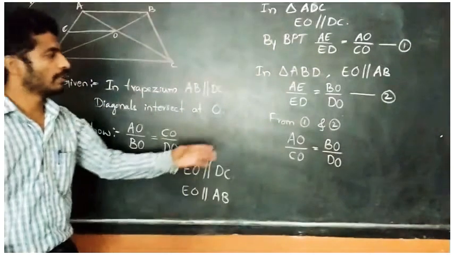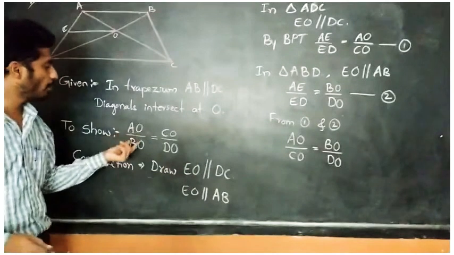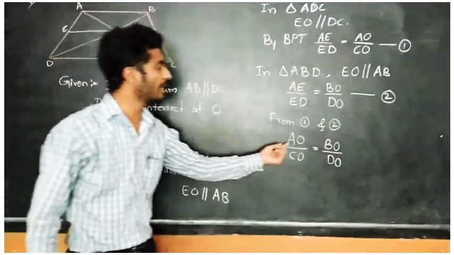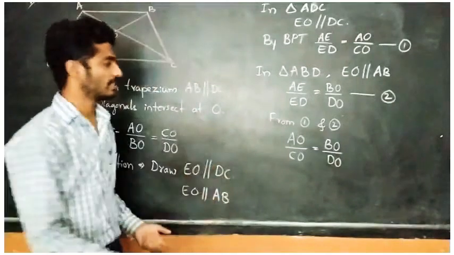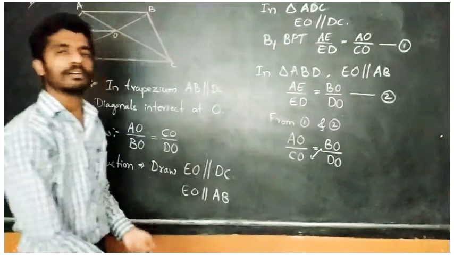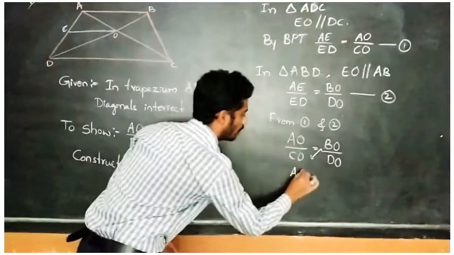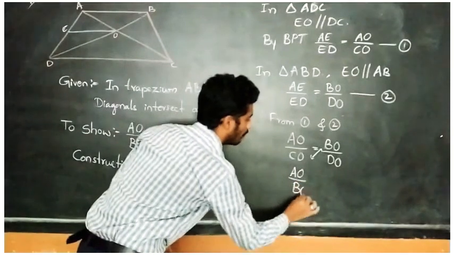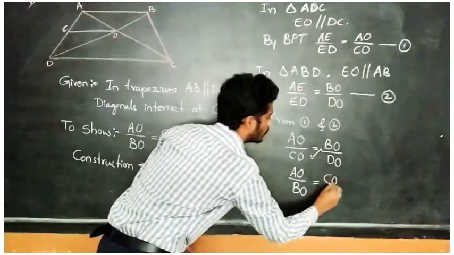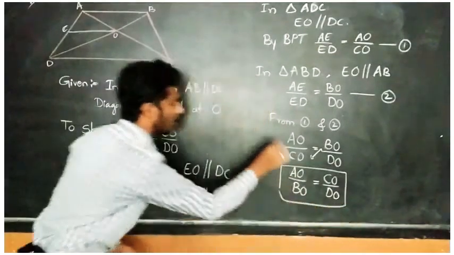Okay, still there is a question. See, what we need is AO by BO, but here we are getting AO by CO. Just a simple thing, change the terms. So here AO by BO gives you CO by DO, which is what we needed.